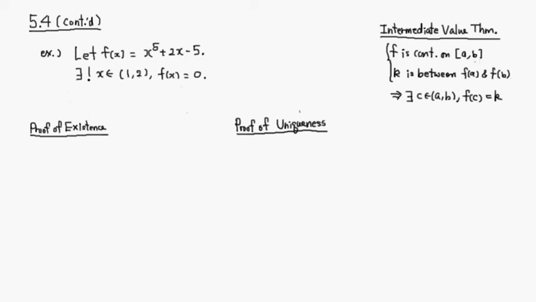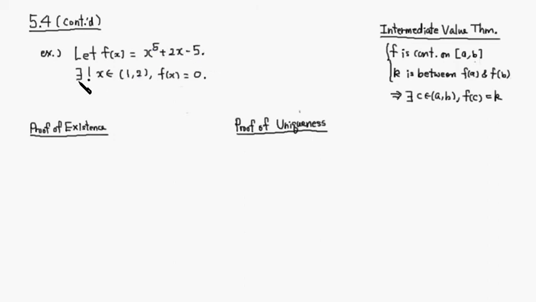Okay, let's look at section 5.4 continued. All right, so here's an example. Let f(x) = x^5 + 2x - 5.